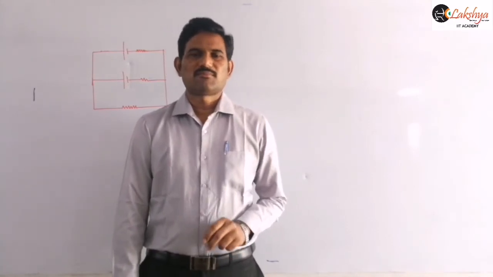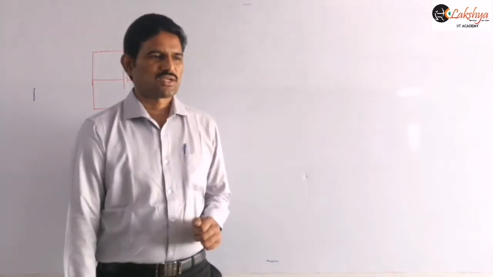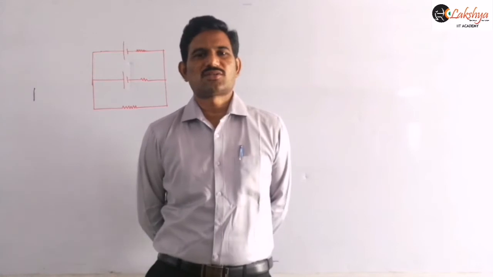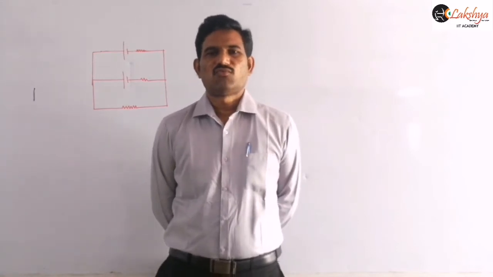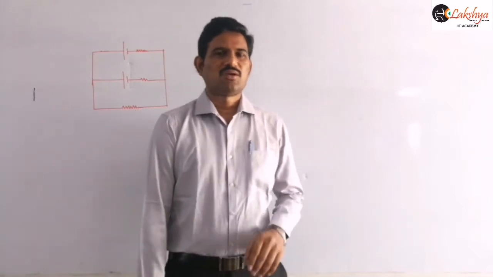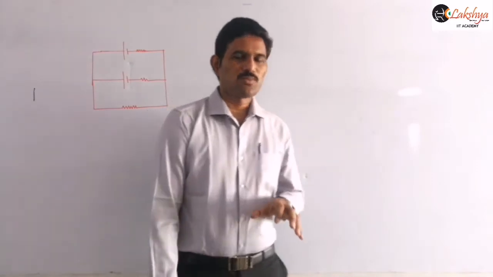So simply we should take the current in the opposite direction with the same magnitude. That means the magnitude of current will remain the same, right? So this is the important point you need to remember.